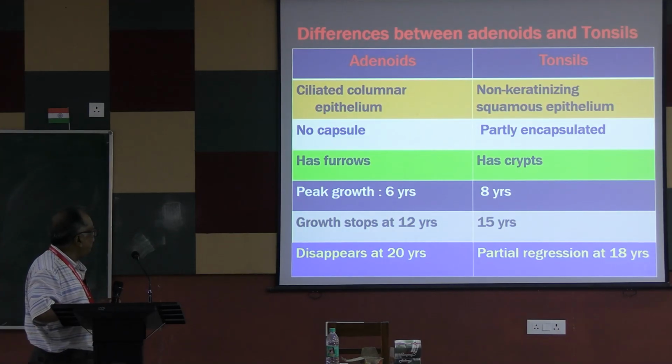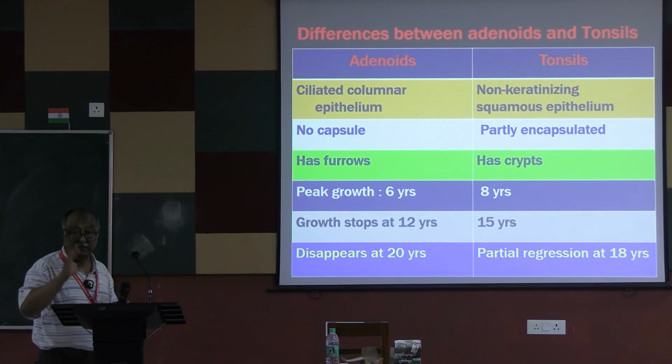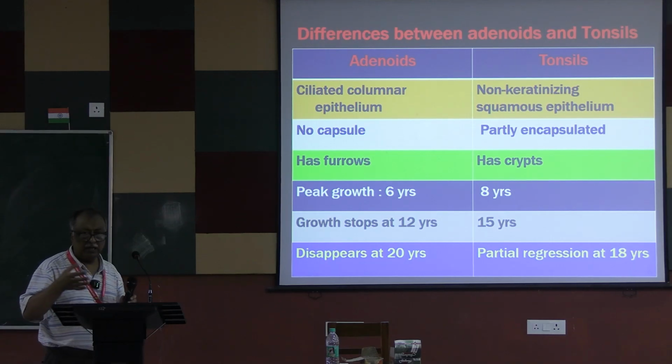You see, this is the adenoid; it is part of the respiratory tract. So the epithelium is ciliated columnar, the tonsil is non-keratinizing, and the adenoid has linear furrows. It is partly encapsulated in the tonsil, and the tonsil has crypts, and the crypts increase the surface area.